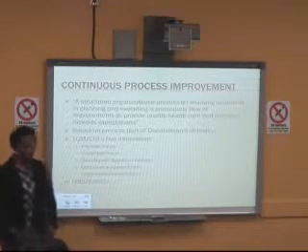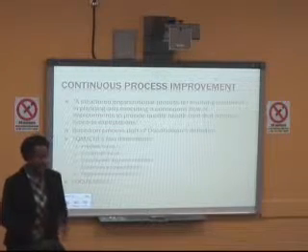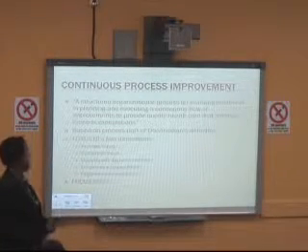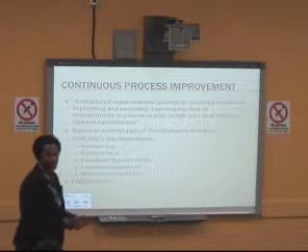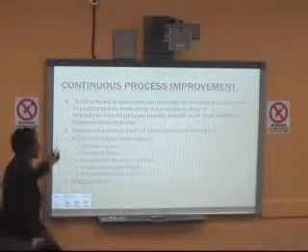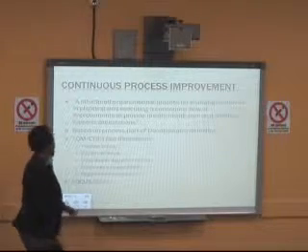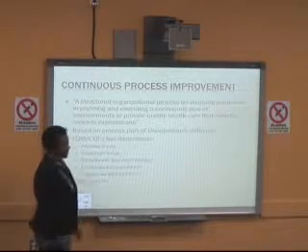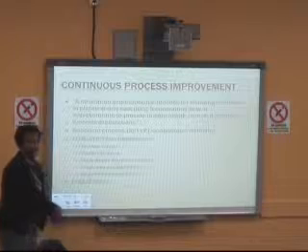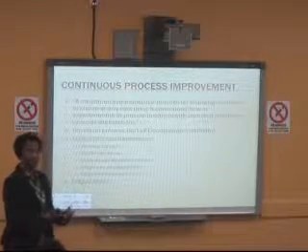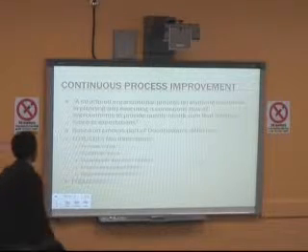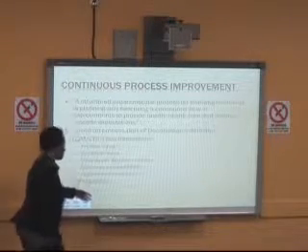Employee empowerment. Providing quality care is a lot easier when you have everybody on board. When you have employees that don't care either way, they're just coming in to do their shift and leave, then it makes this kind of stuff a lot harder. So it's always important to make sure you have employees on board and that they're feeling empowered to the point where they feel like things they do affect the quality of the hospital. And that goes along with the organization-wide scope.